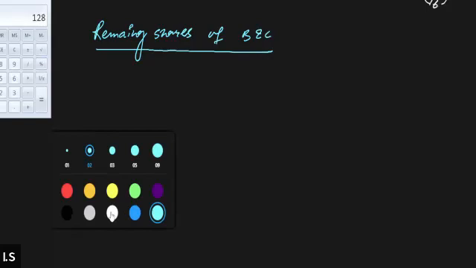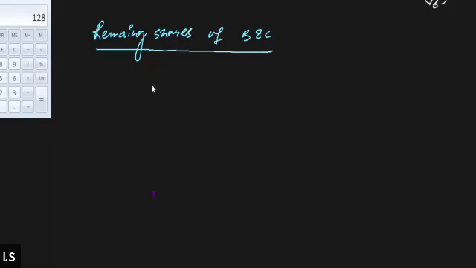Okay, instead of finding out the sacrificing shares, we can just simply find out the remaining shares, or the new share, of B and C. So for B, earlier B's share was how much? B's share was 2 by 6, right?